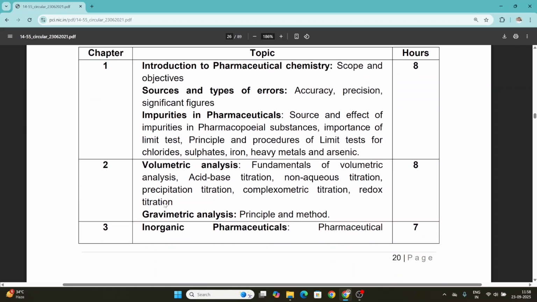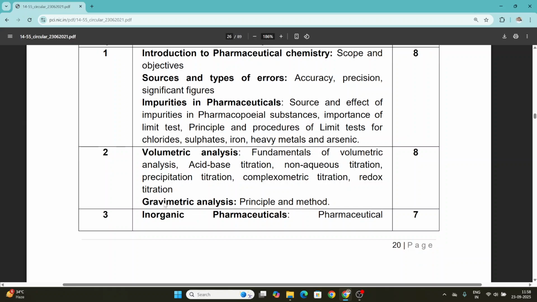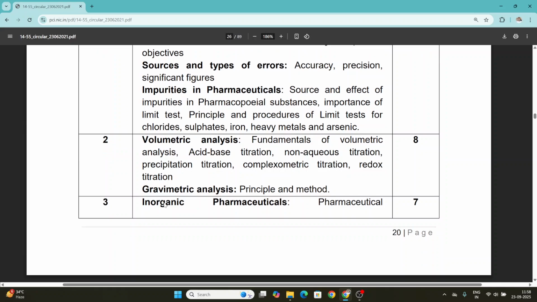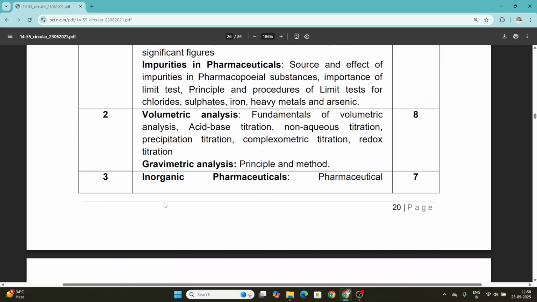Chapter 2. Volumetric analysis, fundamentals of volumetric analysis, acid-base titrations, non-aqueous titration, precipitation titrations, complexometric titrations, redox titration, then gravimetric analysis, principle and method.